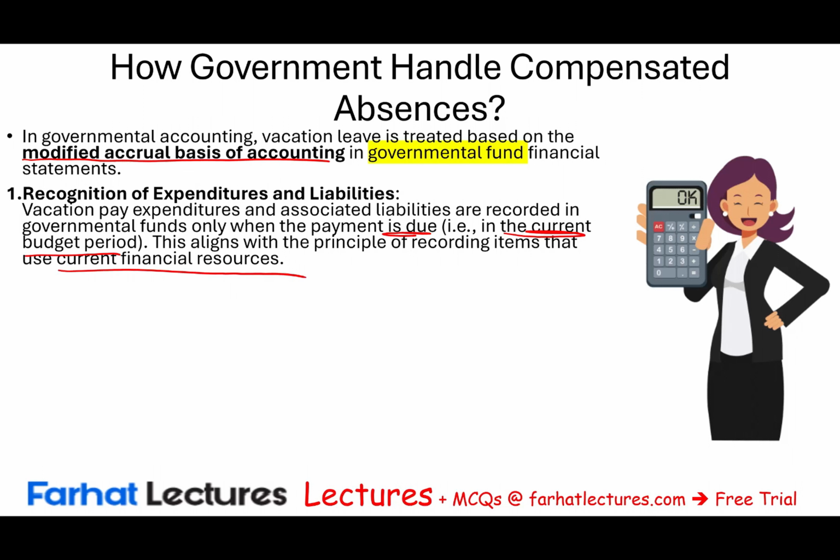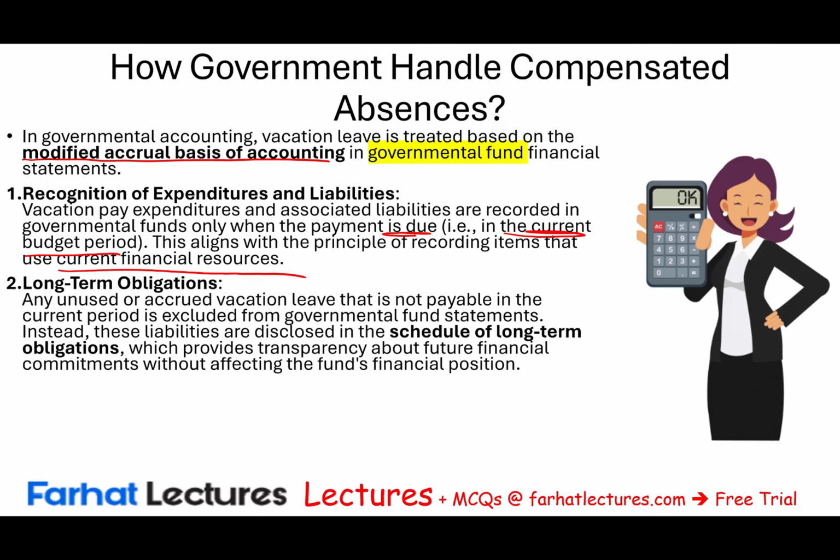We're back to the basic expenditure meaning. We record an expenditure and a corresponding liability when that expenditure will have to be paid from the current resources or the resources from the following year, specifically 60 days into that following year. So any unused or accrued vacation leave that's not payable in the current period or 60 days after is excluded from the government fund financial statements.